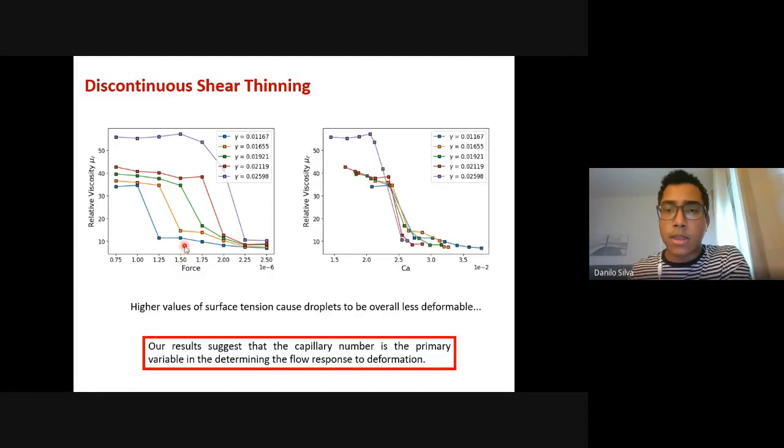Then looking at the capillary number, we can see that the curves tend to collapse into one, which suggests that the capillary number is the primary variable that we should look at if we want to see how the flow responds to different flexibility in the system.